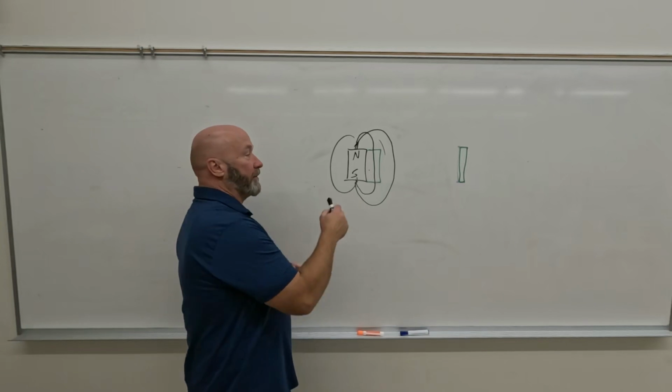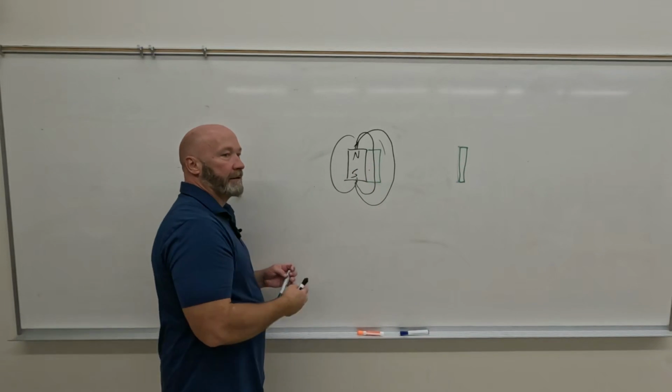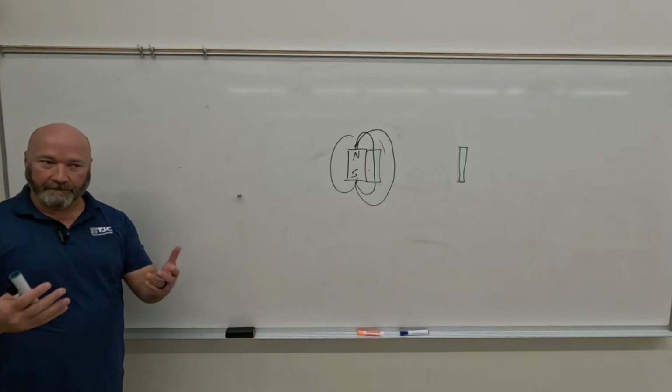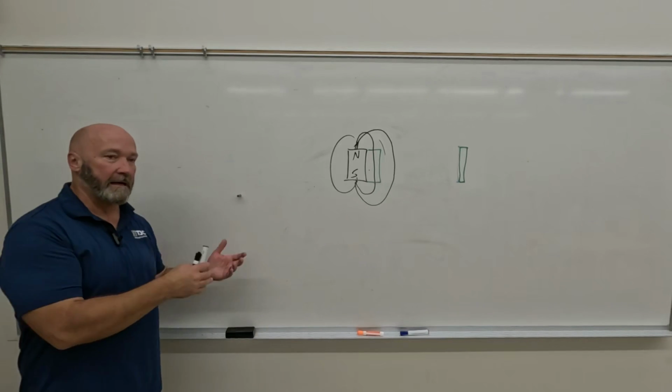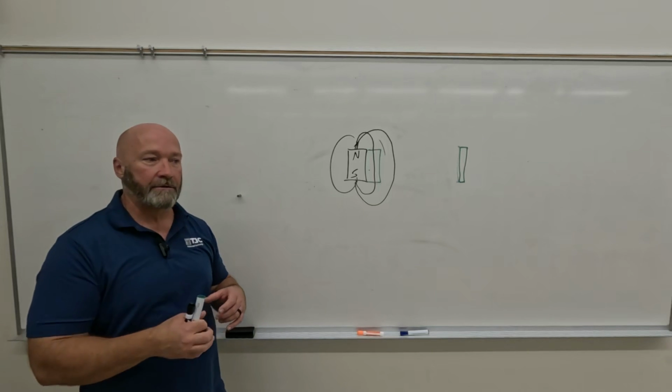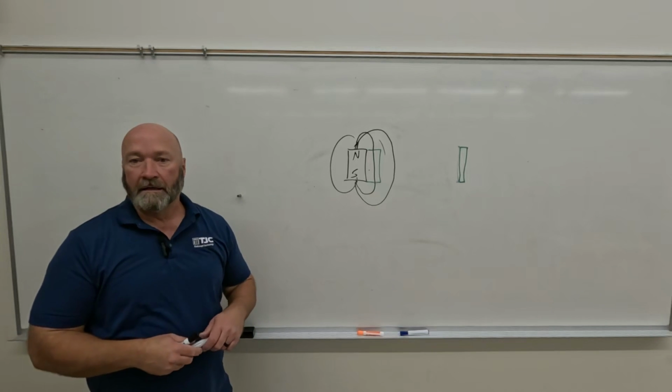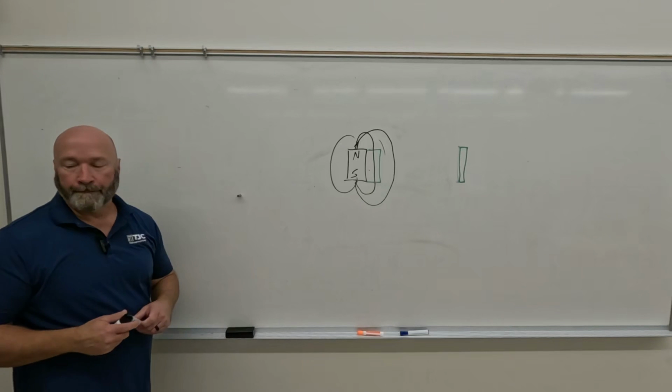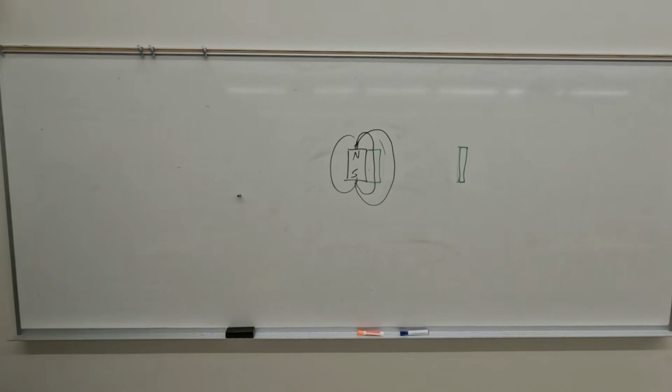Okay? So this becomes magnetic through induction. So the main property in this context of ferromagnetic material is that it will draw in and concentrate magnetic field lines through induction. Okay? So ferromagnetic material can be made magnetic through induction.